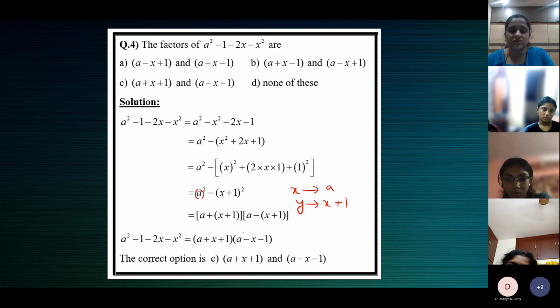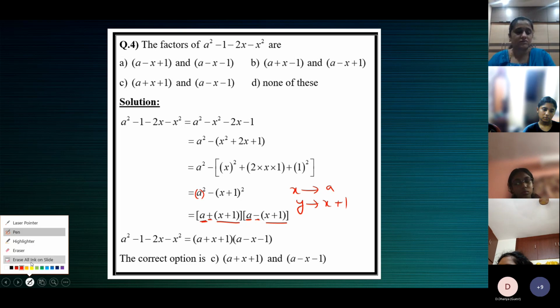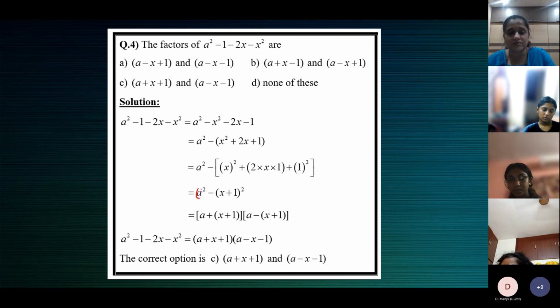So x plus y into x minus y. This is x plus y, and this is x minus y. Again, this is like x the whole square minus y the whole square, where x is a and y is x plus 1.